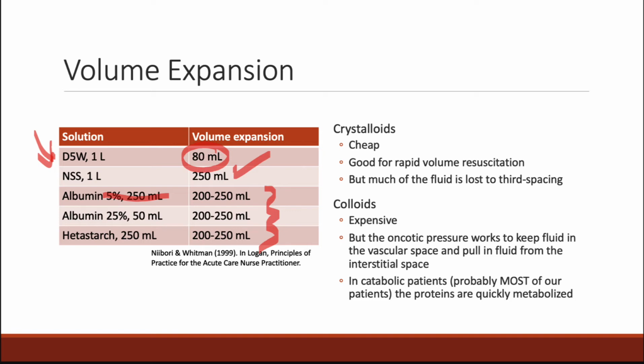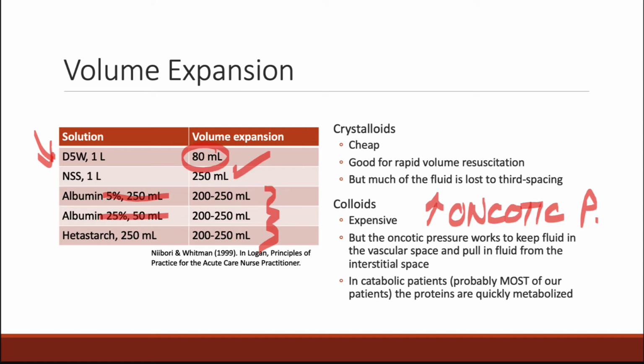Check out what happens when we give 25% or salt-poor albumin. 50 cc's of that pulls in another 200 or so cc's of water from the interstitial space. And that's because colloids increase the colloid osmotic pressure, or the oncotic pressure. And what that pressure does, if you remember, is that the oncotic pressure is generally produced by these giant molecules in the blood.